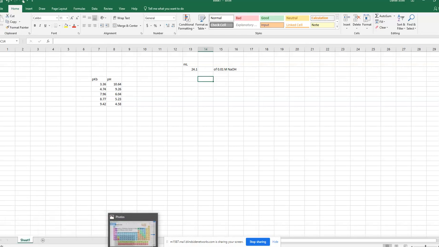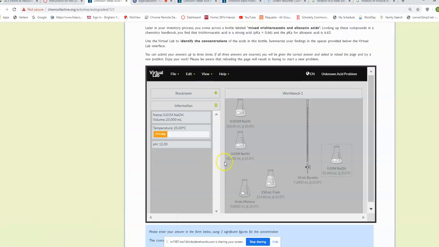And it looks like we're going to be approaching our endpoint when we reach about pH 11.2. So that's our base, here's our flask. So yeah, just probably pH 11. So, we added 100 mils, let's see.